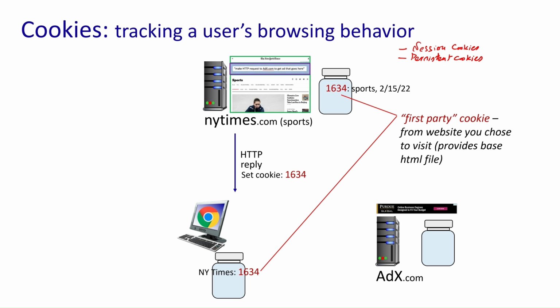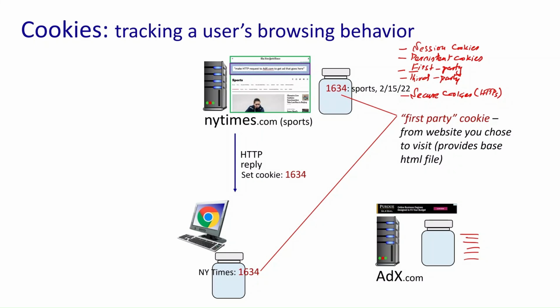Your language preferences are permanent, persistent, so for this we'll use a persistent cookie. Then we have the first party cookie, which is an example. The first party cookie is maintained by the server that we are visiting.